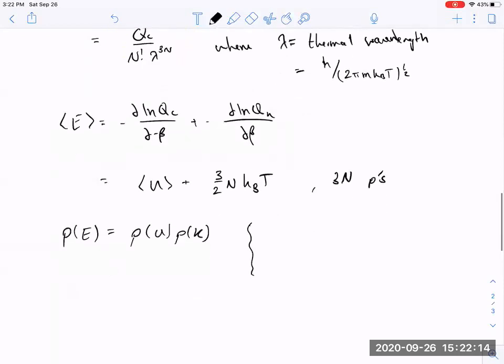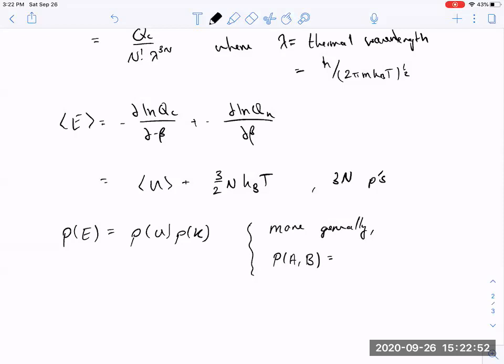Just as a little aside, we've discussed quite a bit this notion of statistical independence from the factorization of a probability. We can note that more generally, if I have some joint probability of two fluctuating observables, say A and B, this could be the probability that I flip a coin and get a head and roll a die and get a 2, for example.